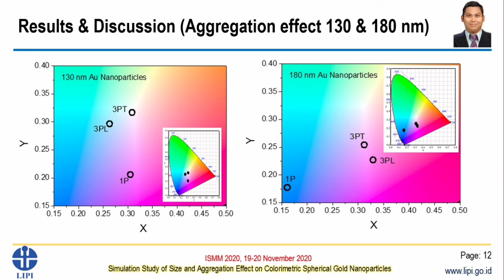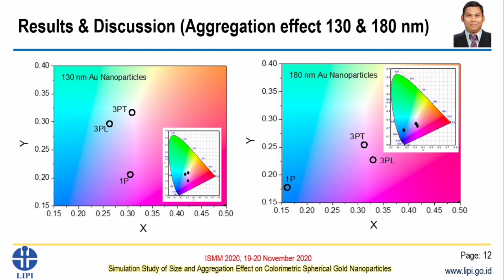A little large size 130 nanometer gold nanoparticle, left figure, shows the color change from purple for monodispersed gold to bluish color for aggregated gold. However, the large size of gold, 200 nanometer, in the right figure describes opposite trend.